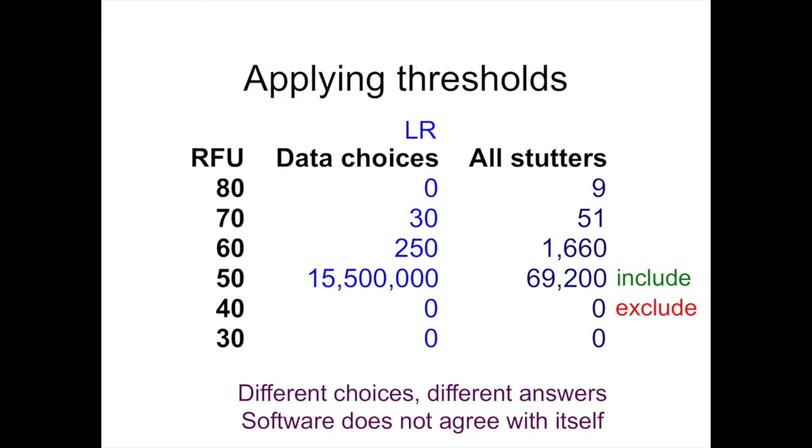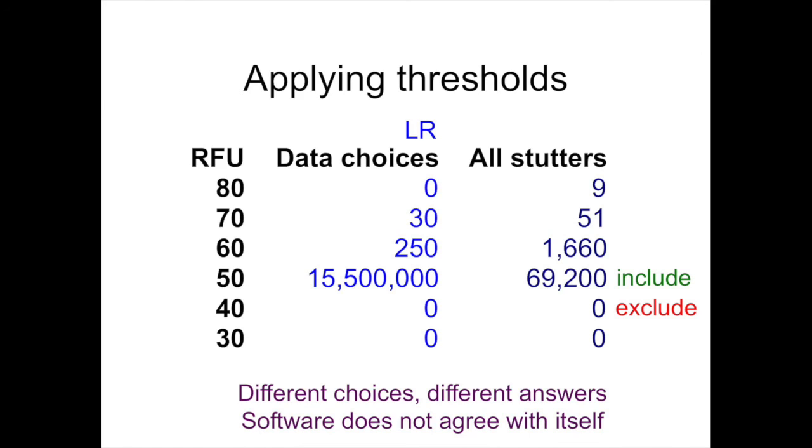The second column shows the likelihood ratio outcome when making additional stutter peak data choices. The third column shows the LR outcome when not making those data choices. The reported prosecution result at 50 RFU, when making stutter data choices, was 15.5 million.